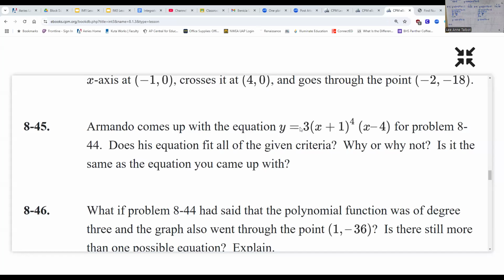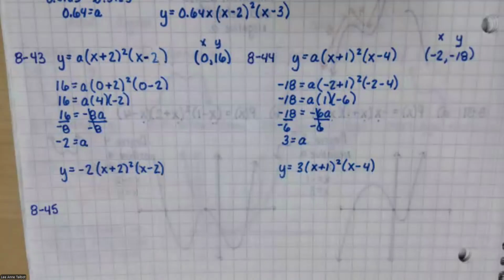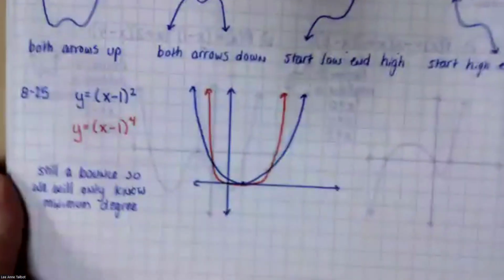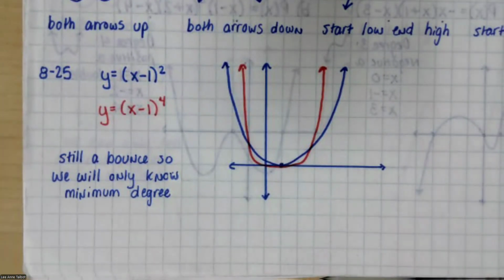Armando comes up with the equation 3x plus 1 to the 4th, x minus 4 for problem 8-44. Does this equation fit with all of the given criteria? What happens with the 4th power? Actually, the 4th power is still a bounce.